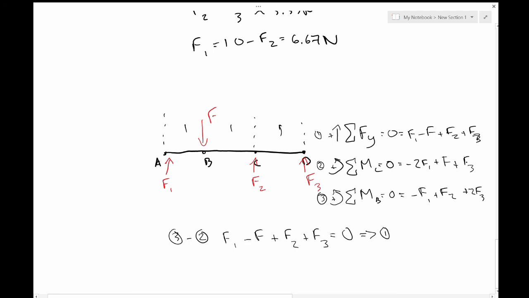So what we find is that these are not actually linearly independent equations. You can play around with this on your own, but any combination of moment equations that you can come up with will always sum down to this, and one of them is going to be completely irrelevant. One of these doesn't give us any new information. We can combine them and we just get a different equation. So really we only have 2 equations here and 3 unknowns, and so there is no way to solve for F1, F2, or F3.